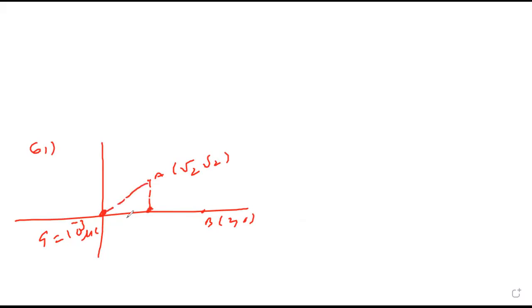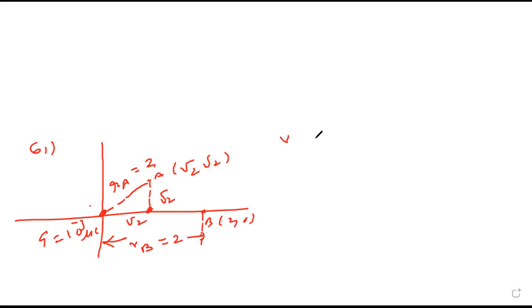To get potential difference, what do we require? Charge and distance first. The distance of A from the origin, where the charge is situated, will be root of root 2 square plus root 2 square, so it will be 2. And RB is also 2.